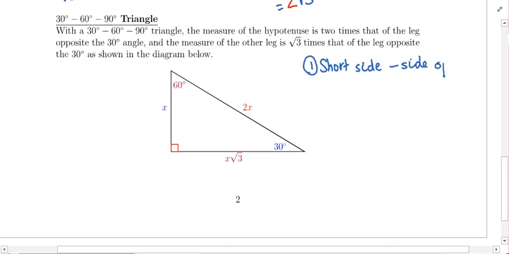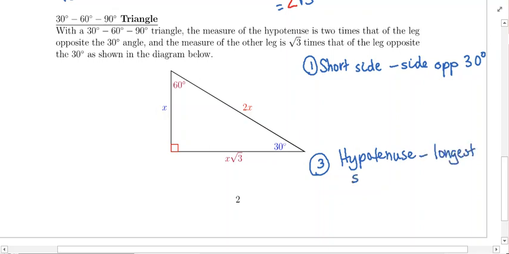Then you're of course going to have the hypotenuse. The hypotenuse is going to be the longest side, and that is of course the side opposite the 90-degree angle.